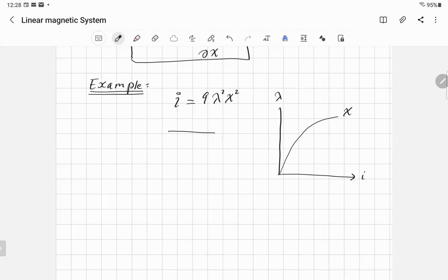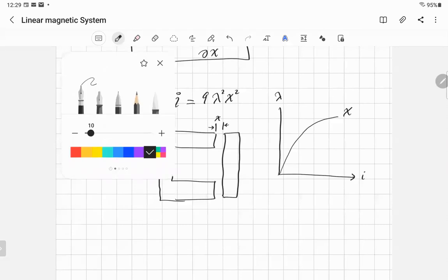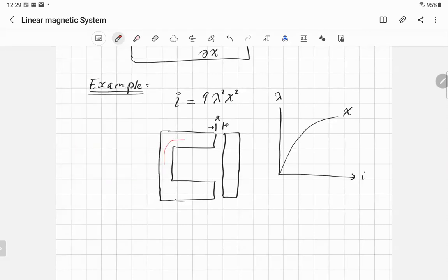If you have this electromagnet and you have the movable part, the one that can move, so you have a gap here. So that's x. According to x, the gap you're leaving, the flux will change, because the flux has to go through the whole thing.